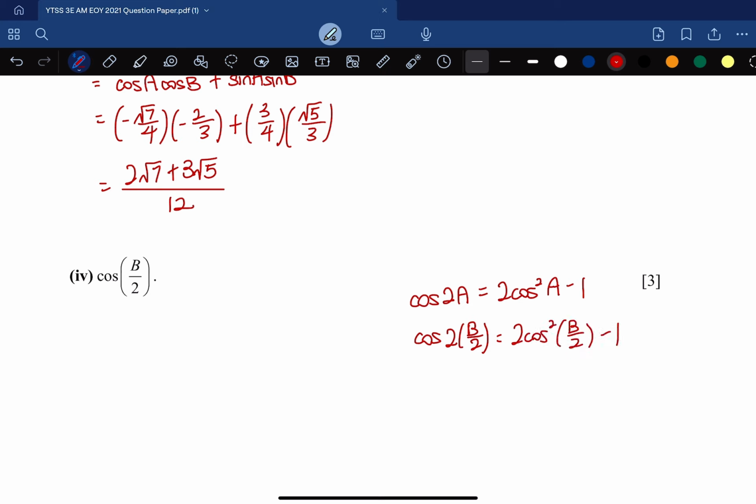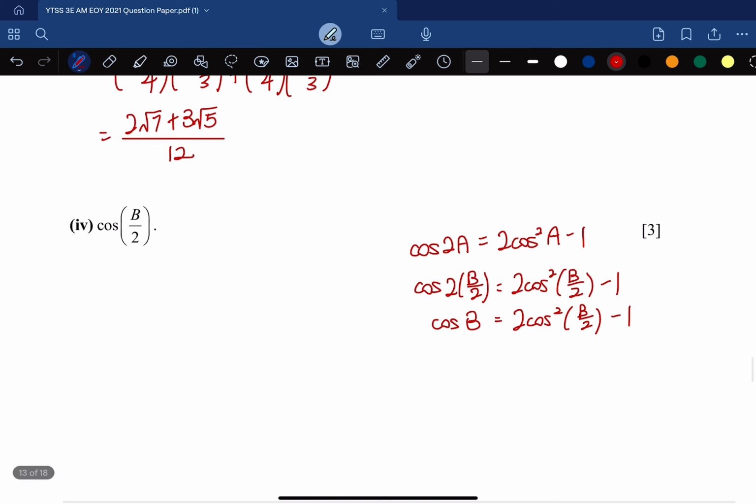So cosine B is equal to 2 cosine squared B over 2 minus 1. So 2 cosine squared B over 2 is equal to cosine B plus 1.